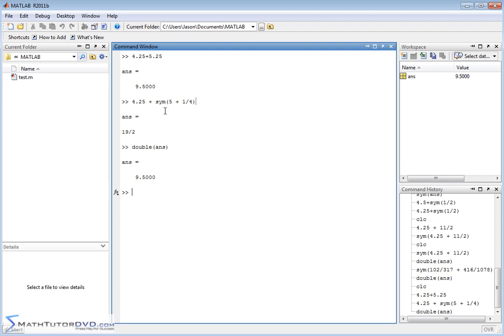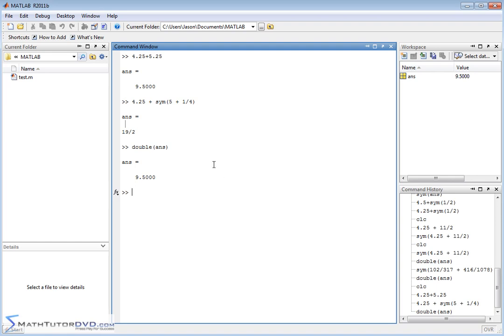But you're going to have to define them as symbols. And so as we go through the rest of the course, we're going to learn MATLAB from the point of view of this decimal representation, but I'm also going to go through and teach you how to deal with the symbols so that you can get your pure algebraic answers as well, because you'll end up using both as you go forward.